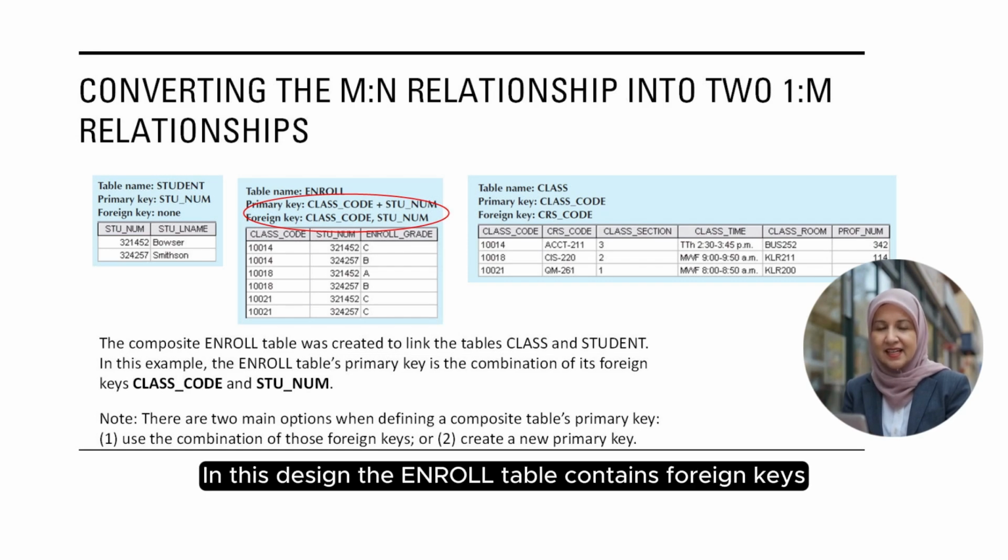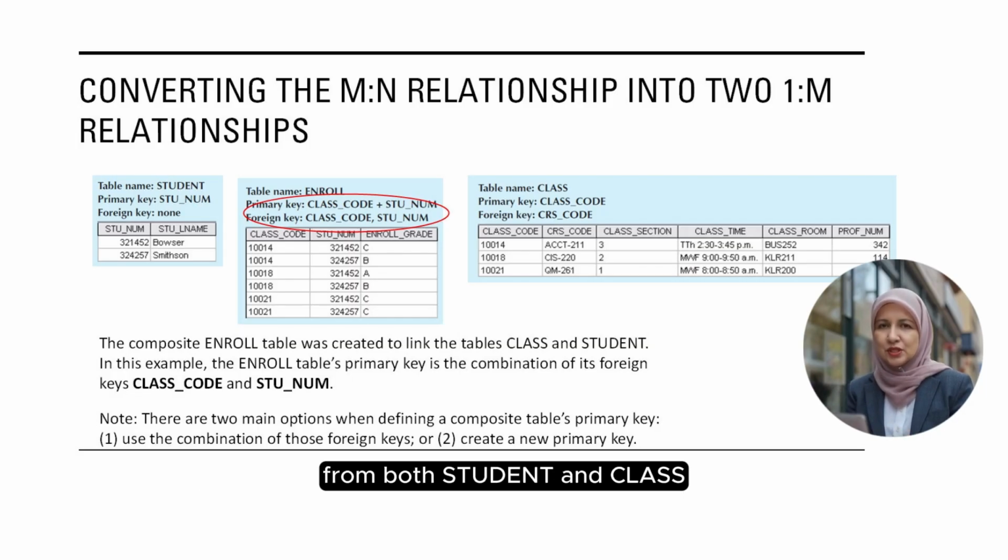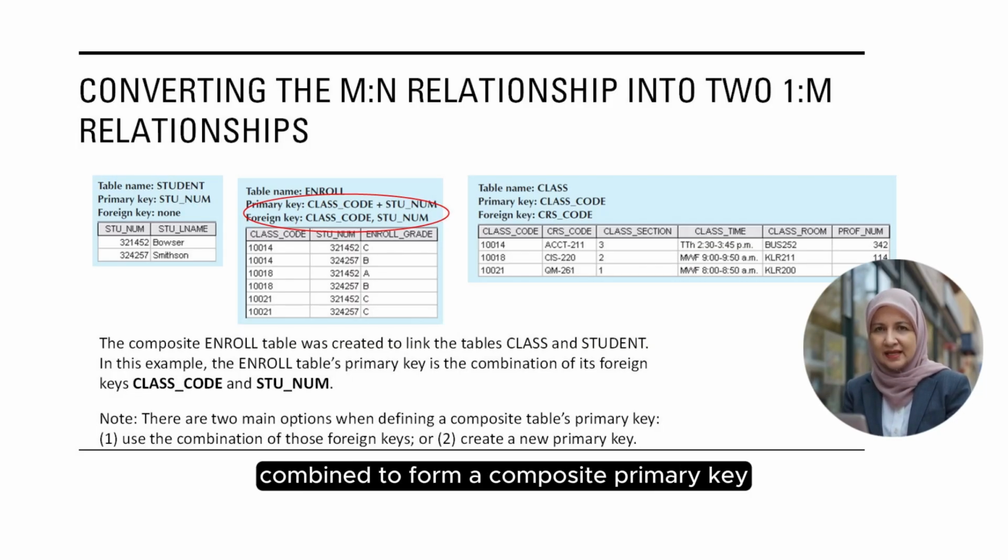In this design, the enroll table contains foreign keys from both student and class. These two keys can also be combined to form a composite primary key. Also note that the student and class tables now contain only one row per entity. This approach removes redundancy and allows the database to manage the relationship in a structured and efficient way.